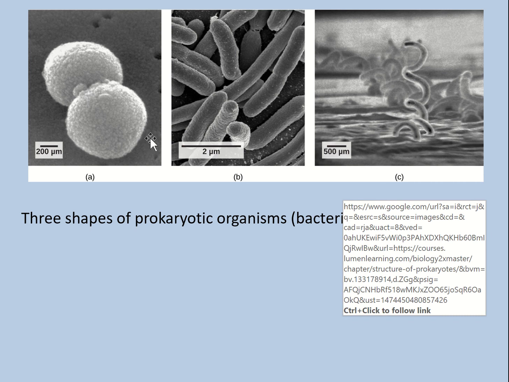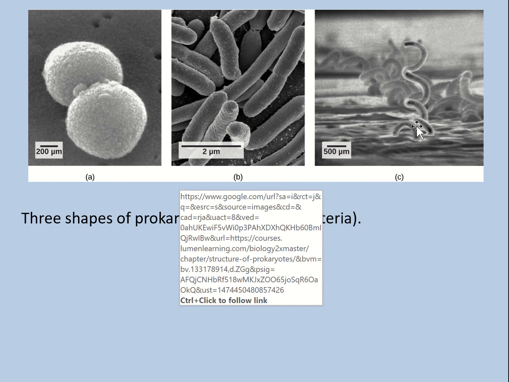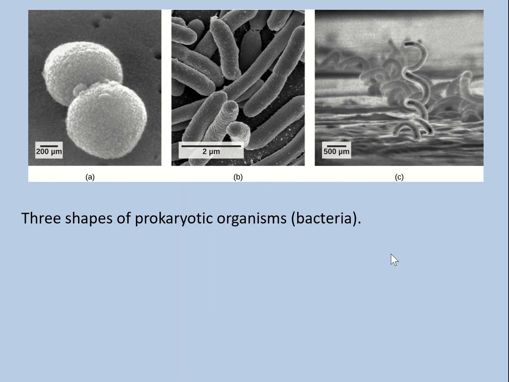They're circular or like spheres, are those particular bacteria. Then you can have rod-shaped bacteria, and they'll have the name of bacilli. So you've probably heard of lactobacilli. You have that in yogurt. That's a rod-shaped bacteria. And then you've got these spiral bacteria here, and obviously note their sizes.